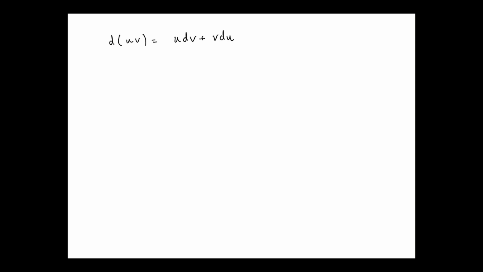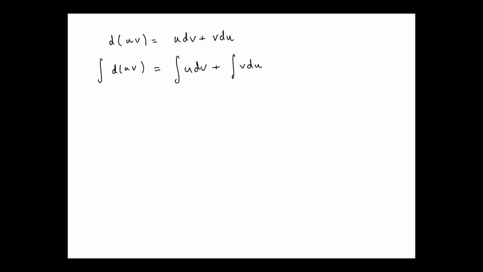Okay, so there's the product rule written in differential-style notation, and then just to be fun, let's integrate both sides. Just slap an integral on both sides. Now, the right-hand side, what are those integrals?